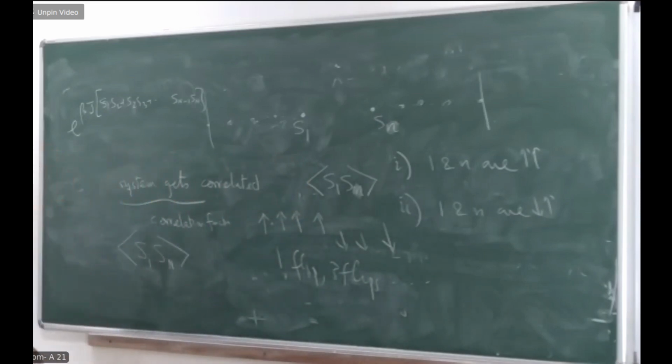Right? So if S1 Sn is minus 1, then this is e to the power, where did I write what?